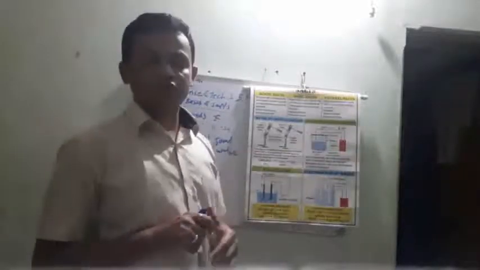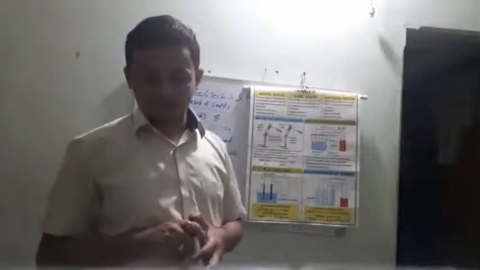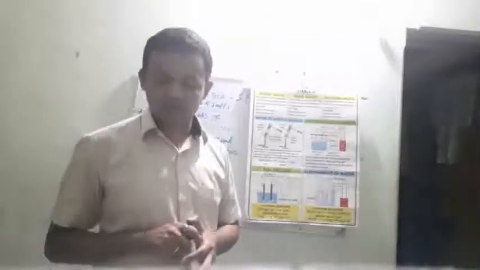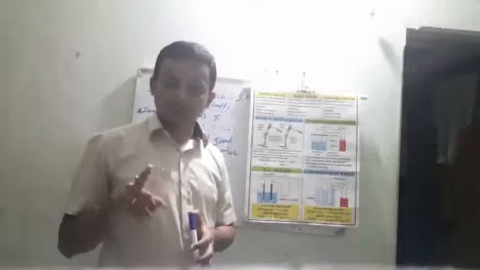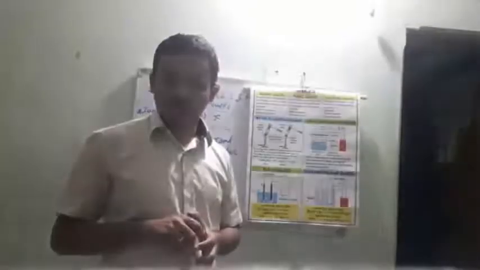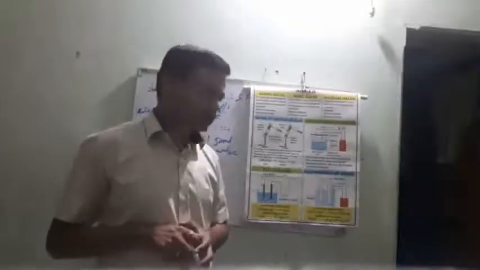See, these two wires work as electrodes. Now you know that the electrode connected to the negative terminal of the battery is called a cathode.